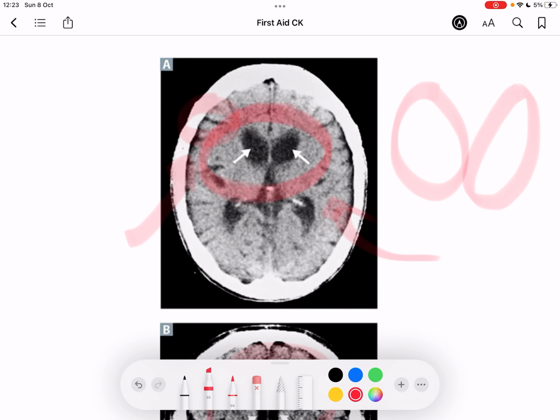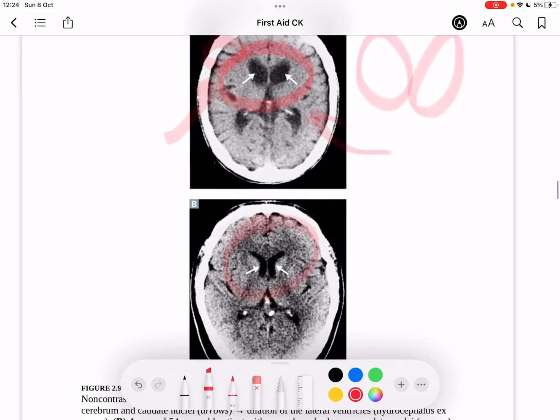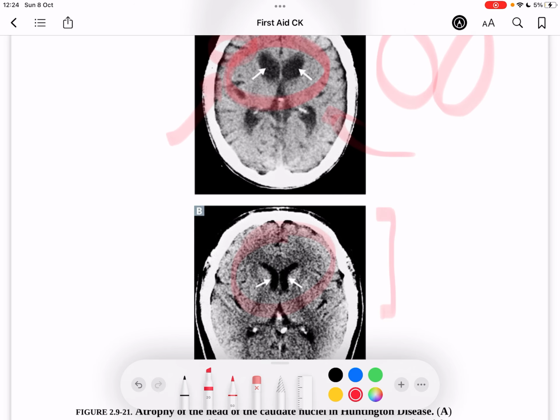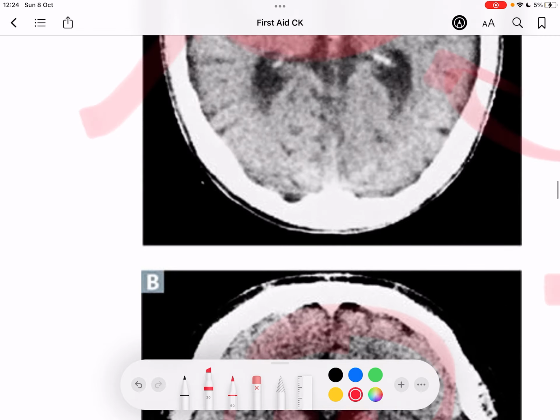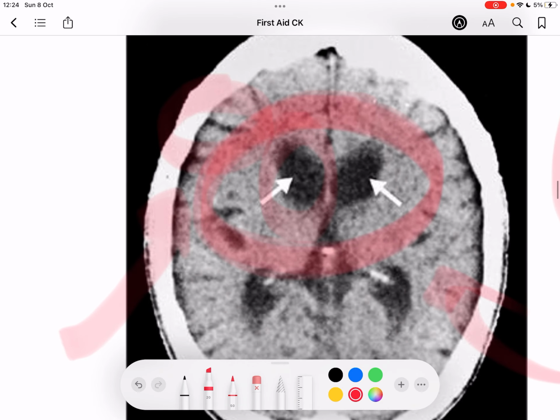Whereas if a patient has hydrocephalus, usually the sulci are going to be almost non-existent because they're going to be compressed by the high intracranial pressure. So this is very characteristic of hydrocephalus ex vacuo. And as you can see on the normal CT, this is where part of the caudate is. So if this caudate is heavily atrophied, that's going to widen the ventricles to appear like this.